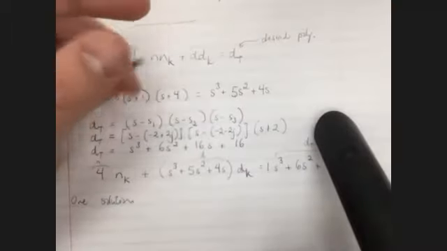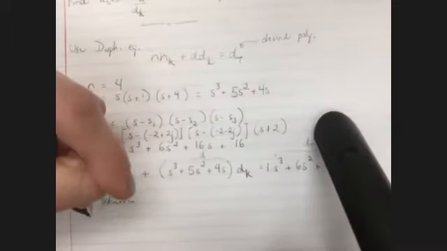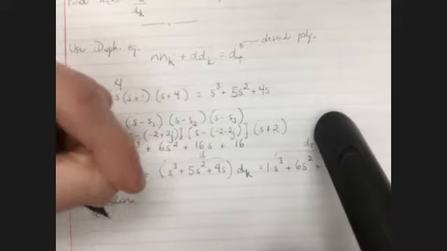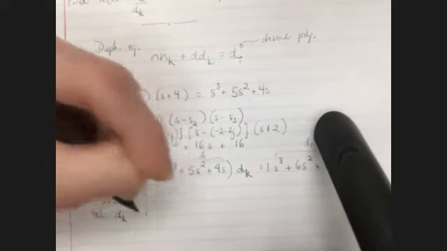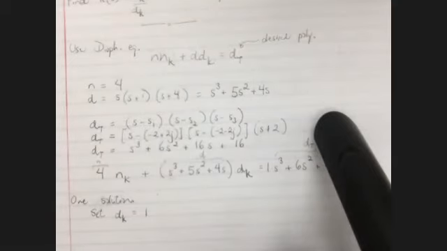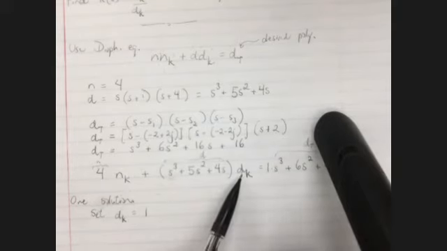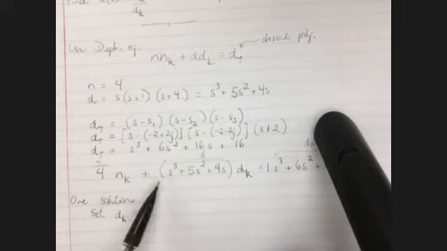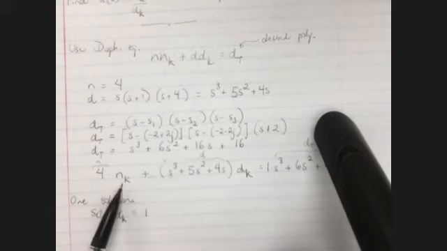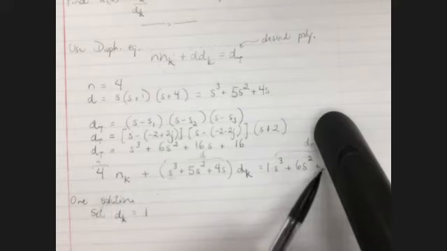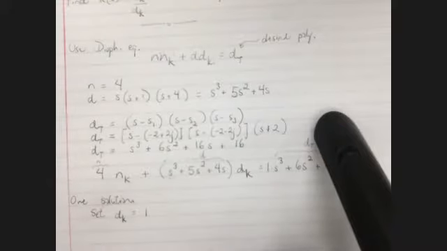Let's set dk equal to 1. Again, if I set dk equal to 1, then that takes care of all my s cubed terms. I would just need nk to be a term that captures everything else for s squared, s, and the constant term. So I can do that.